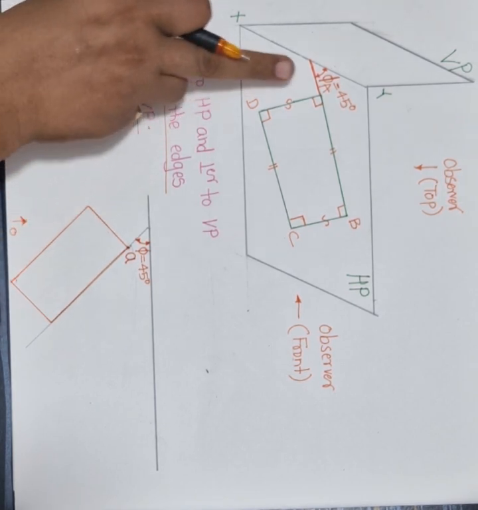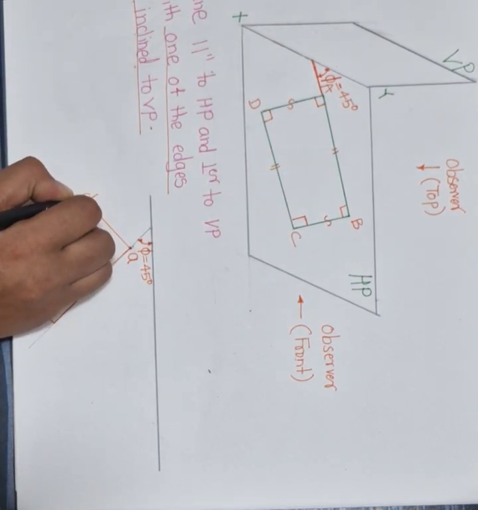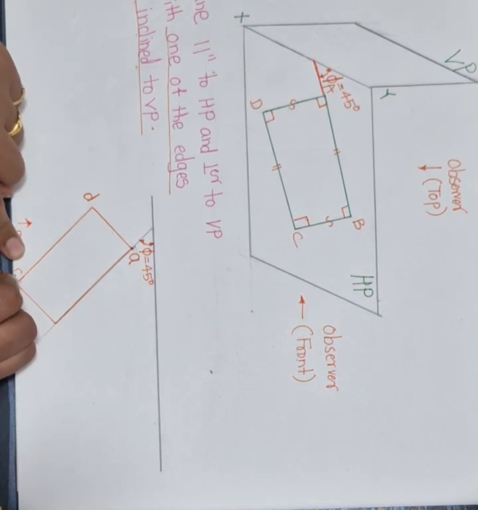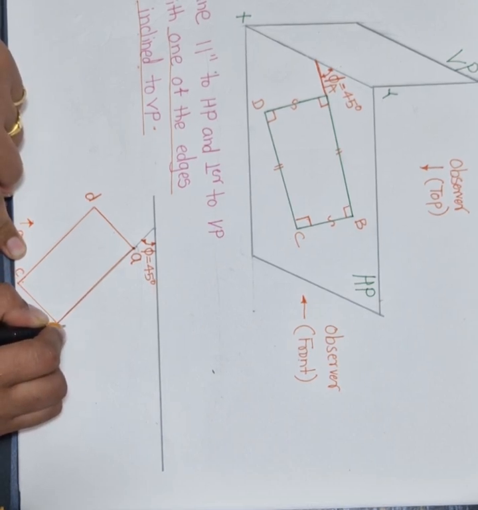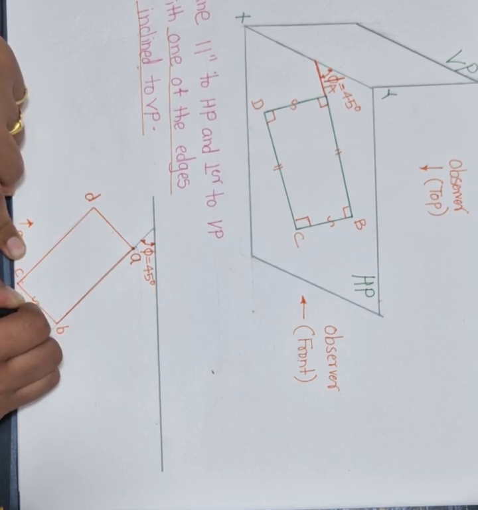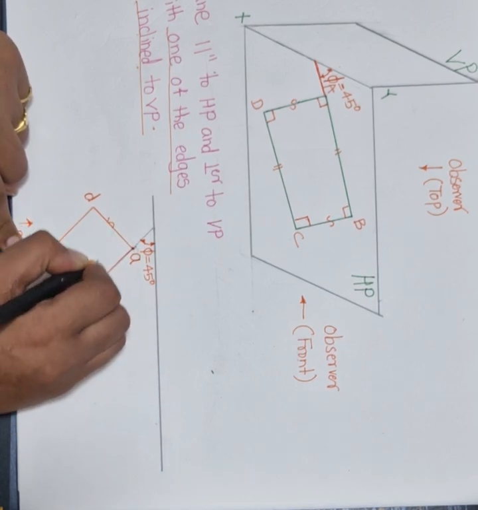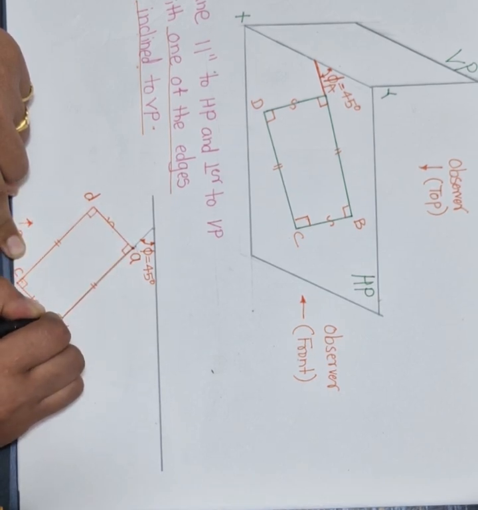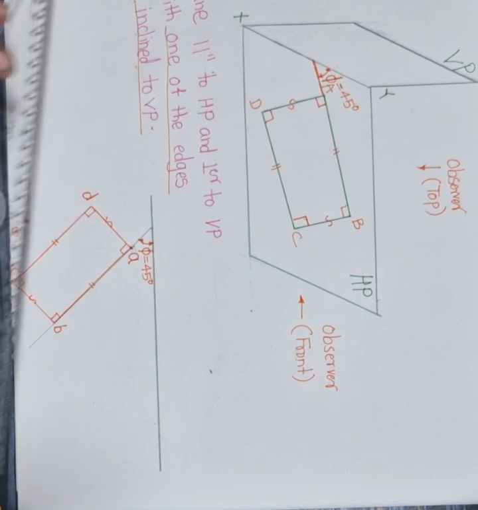So this corner is A, this corner is B, this is C, and this is D. So these two edges are of equal length, these two edges are of equal length, and all the angles at the corner are 90 degree. That means all the edges are perpendicular to each other.